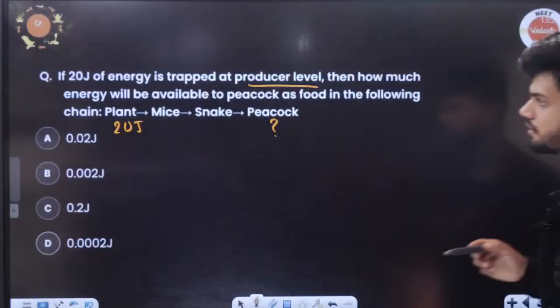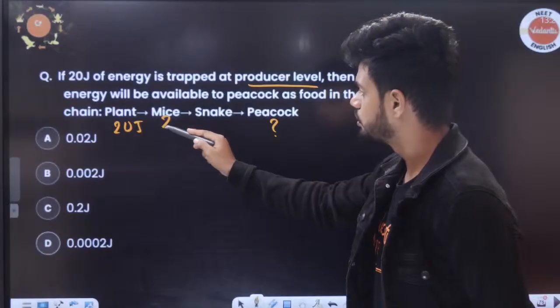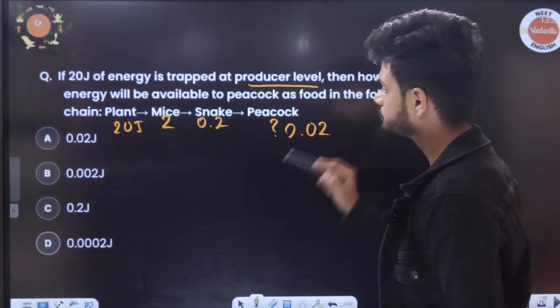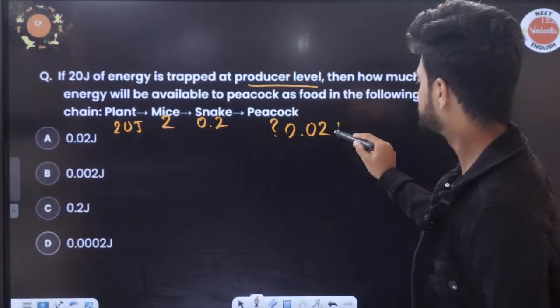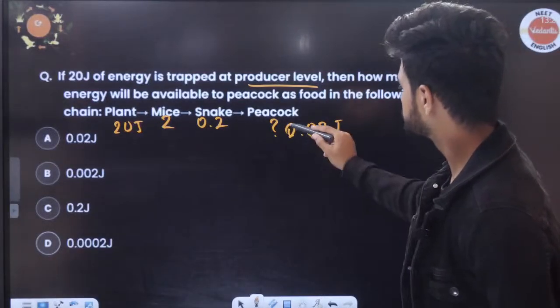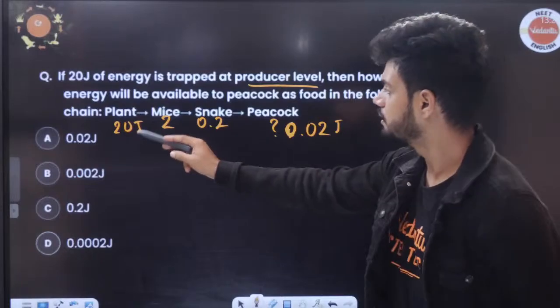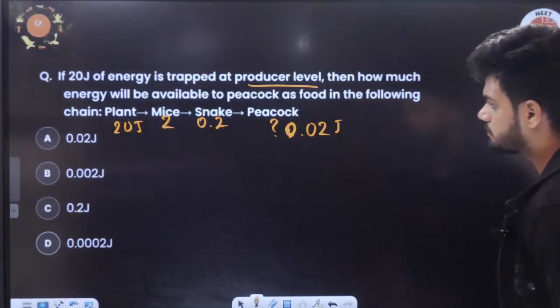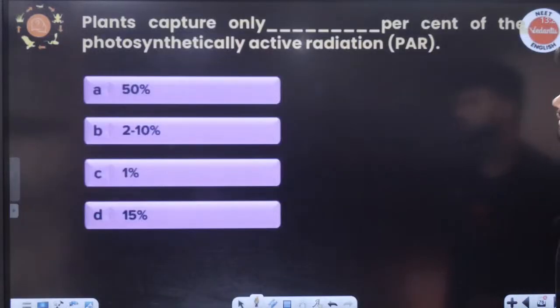Say 20 to 2 to 0.2 to 0.02. 0.02 joules. Yes or no? So 0.02, A is the answer.